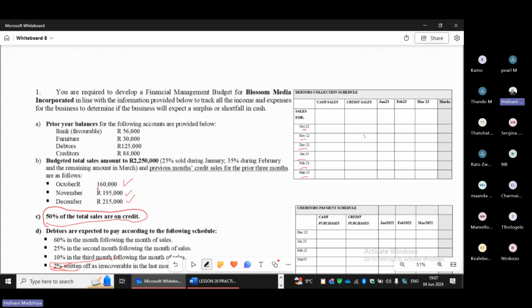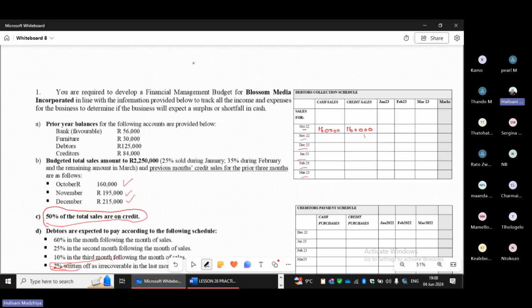So in October, we've got credit sales of 160,000, which means that cash sales will also be 160,000. Because if credit sales is 50% and cash sales is 50%, this means that the amount will be the same.